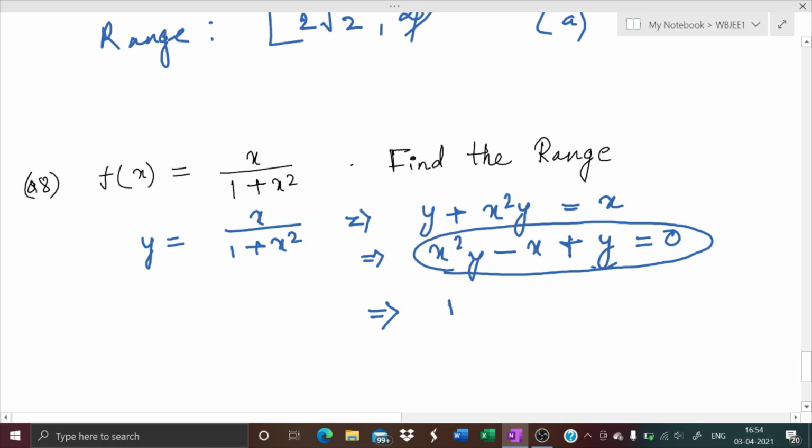So what will be the discriminant? Discriminant will be under root b square minus 4ac, which is 1 minus 4y square.